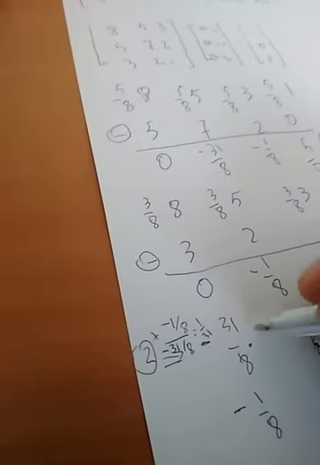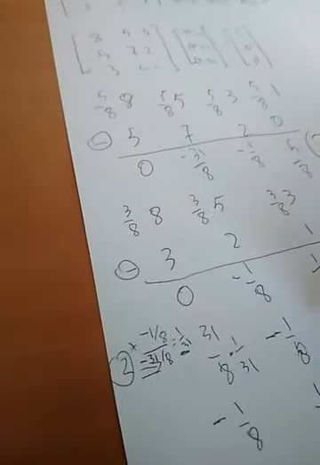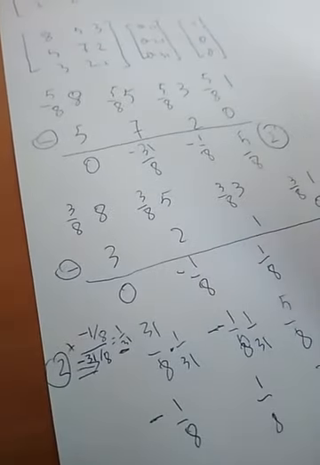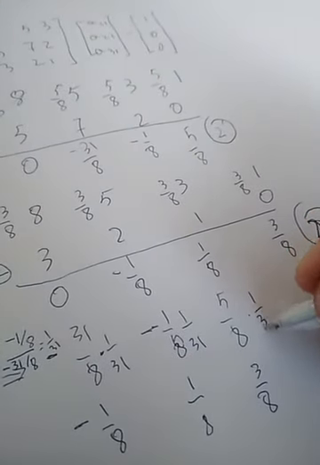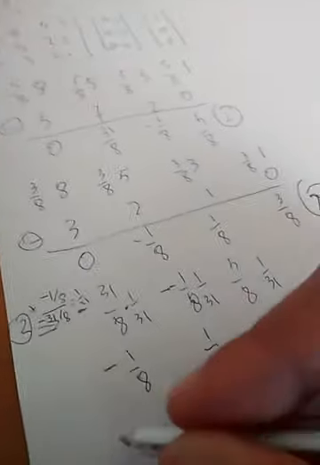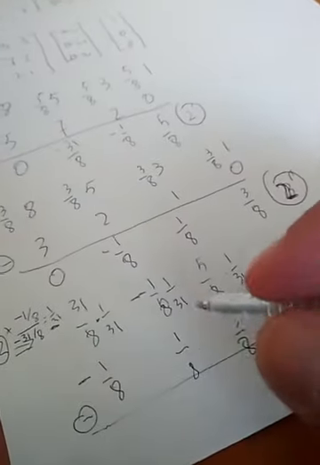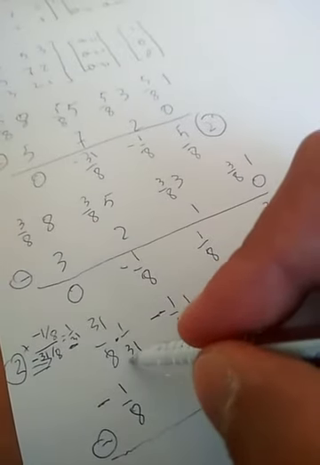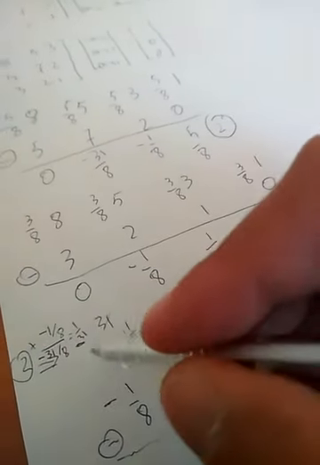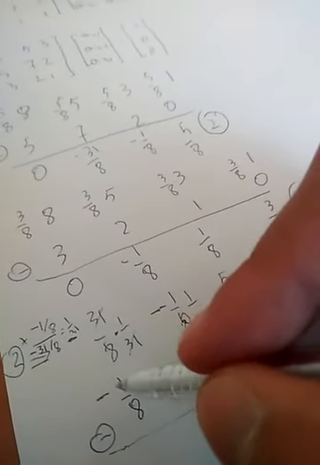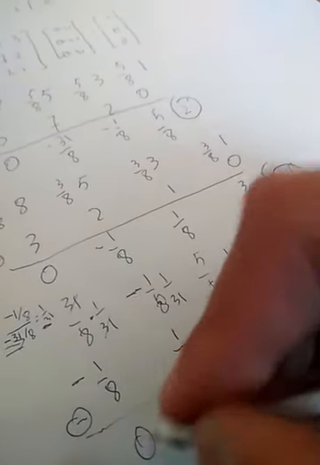We multiply everything by 1 over 31, 1 over 31, 1 over 31, and now we can subtract those two. So we'll draw a line here, have a minus. So 31 goes away, minus 1 over 8, minus 1 over 8, 0.